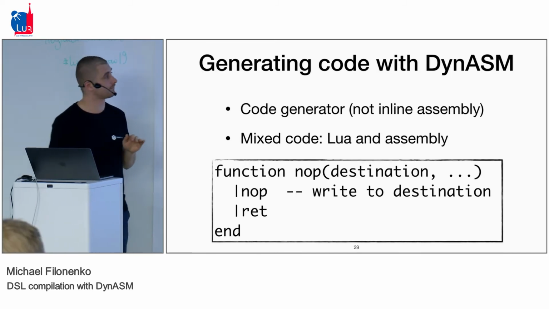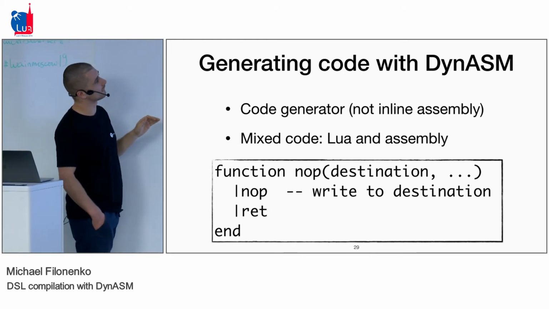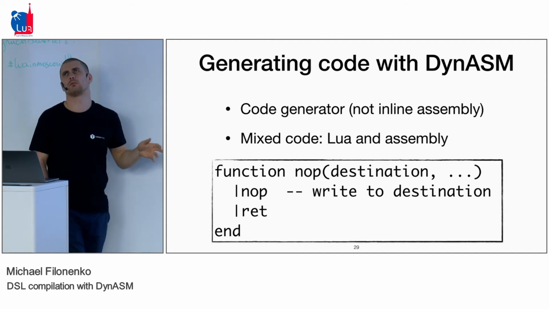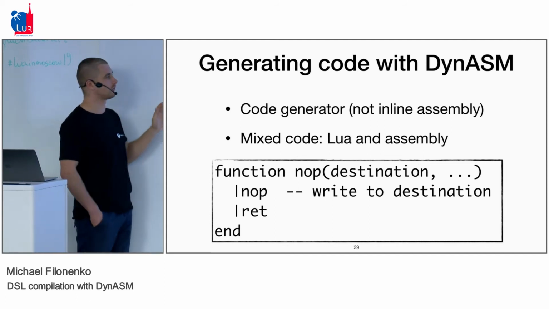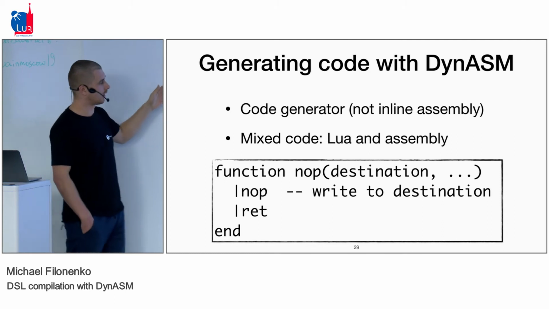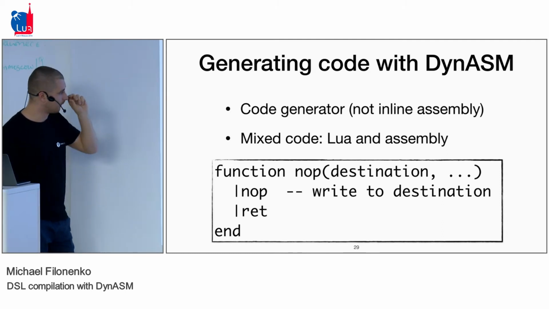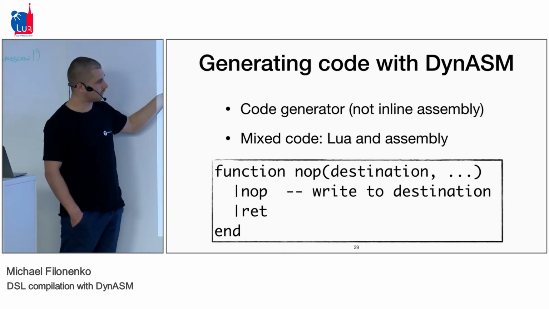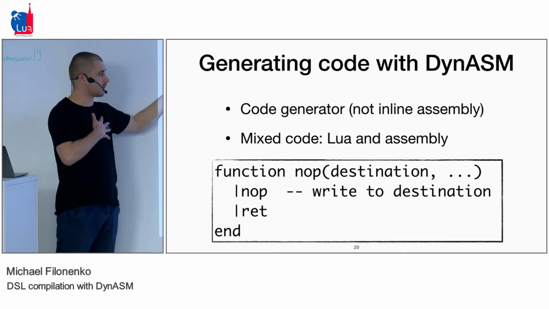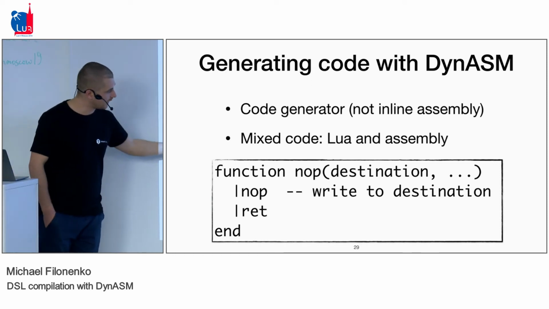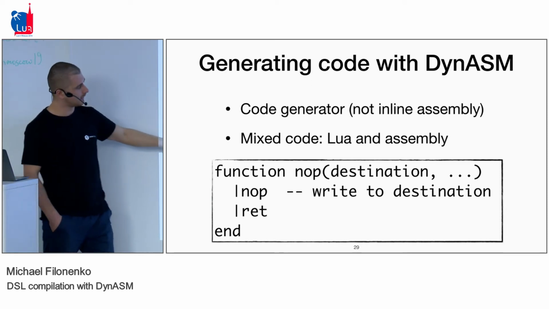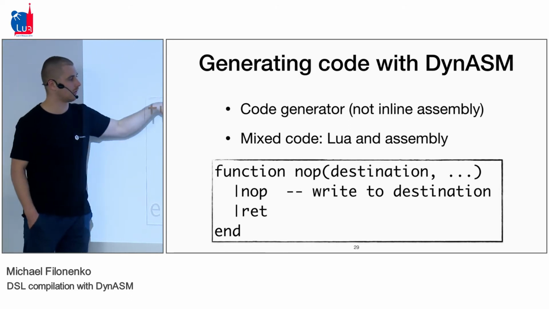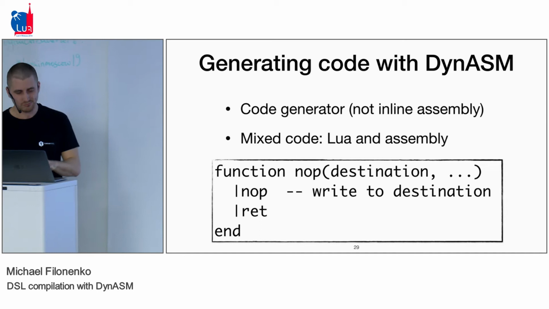For example, it's not compiler code, it's just a skeleton, just no operation. To make a generator of your code, I just write a function with mixed assembly, and this assembly goes into the destination when I call the nop function.